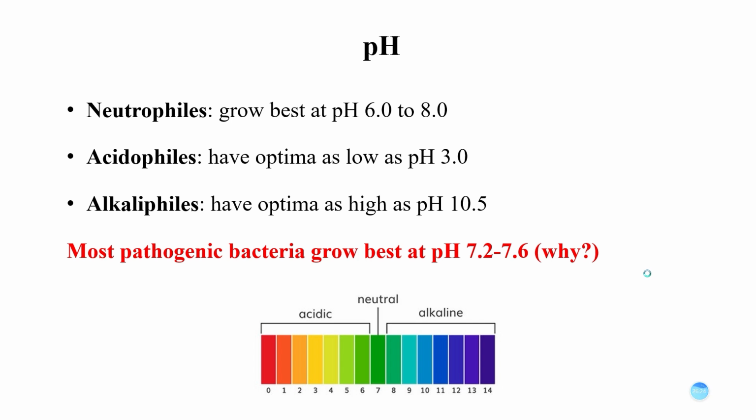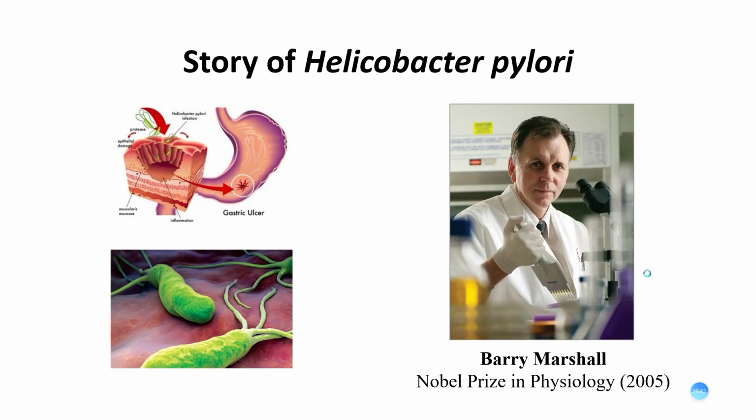Right. This is the range of physiological pH in humans, right? So they have evolved to adapt to this pH. Like E. coli, the Salmonella, they prefer this pH.